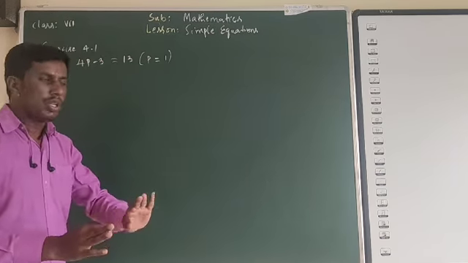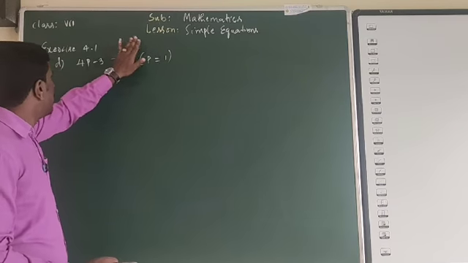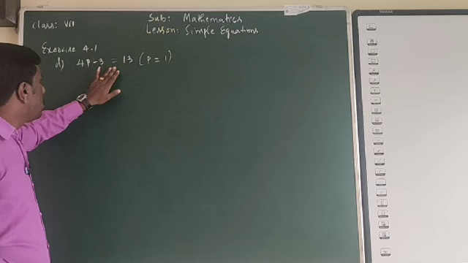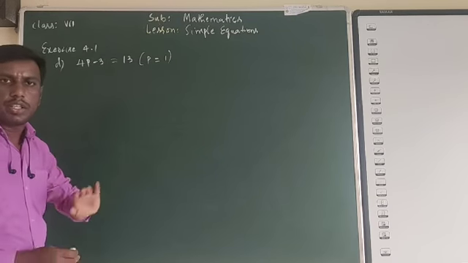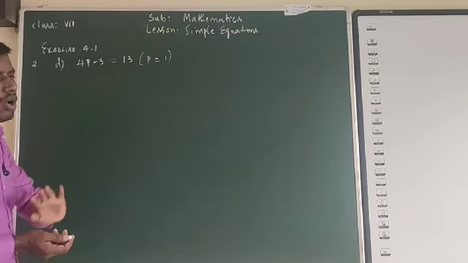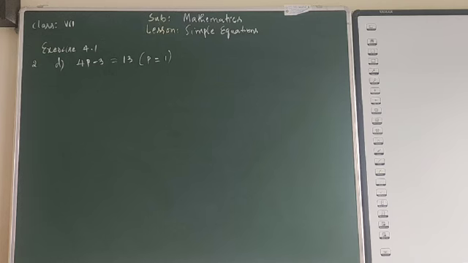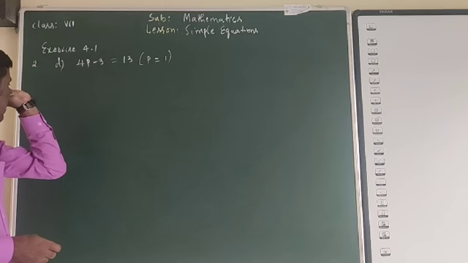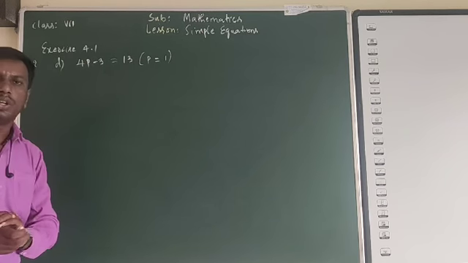So how to check it? Just substitute the p value in the given equation. For that particular value, if you get LHS equal to RHS, then the value is called the solution. Here the p value is 1. So let me substitute that p value in the given equation, and we will check whether LHS is equal to RHS or not.